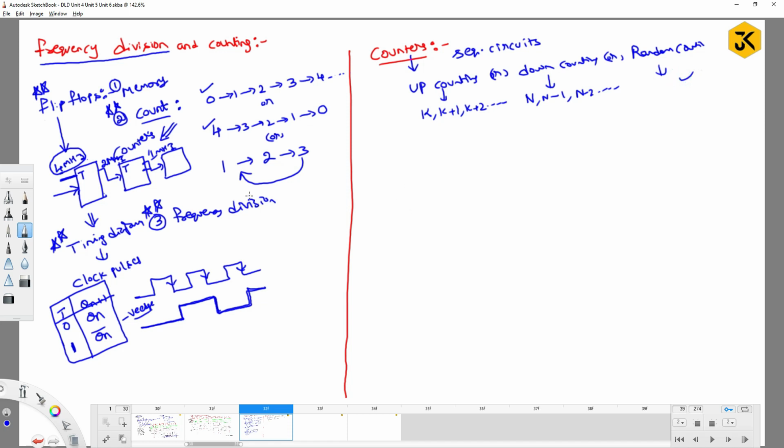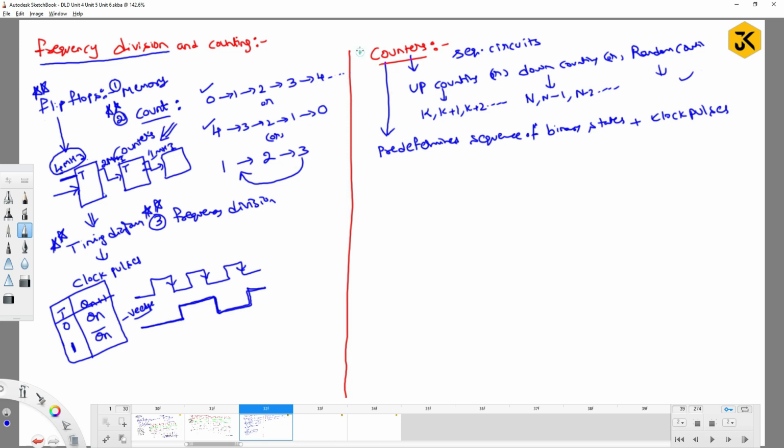So counters, if you try to observe in some technical definition, are going to follow a predetermined sequence of binary states, and these predetermined sequences of binary states happen when you apply various clock pulses.